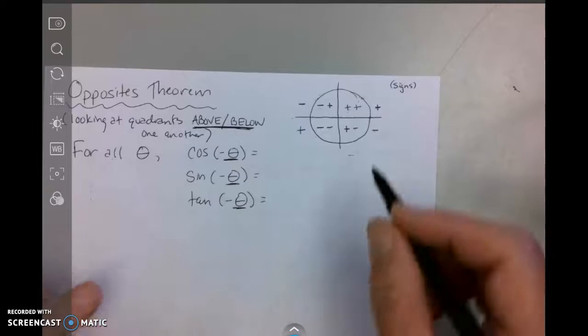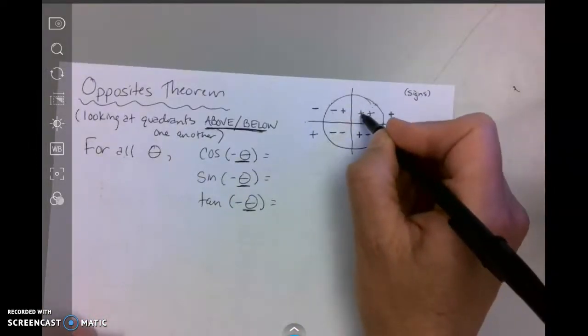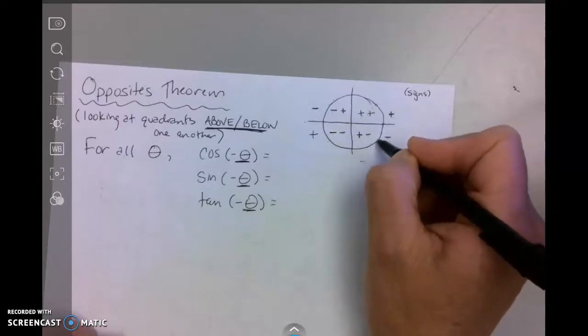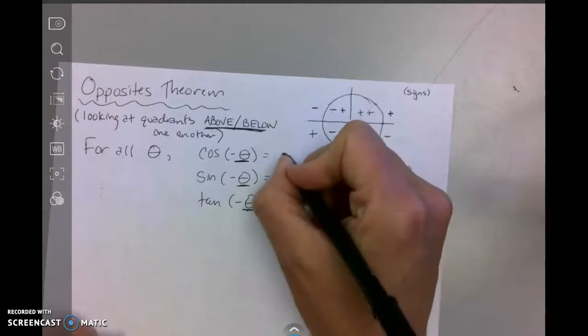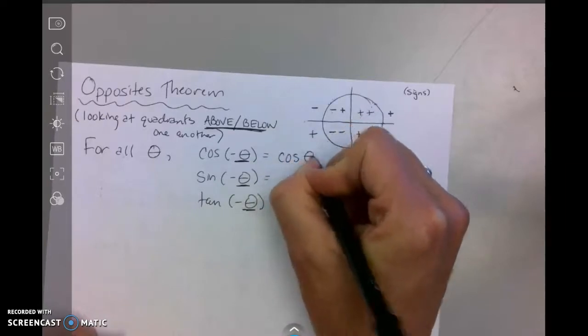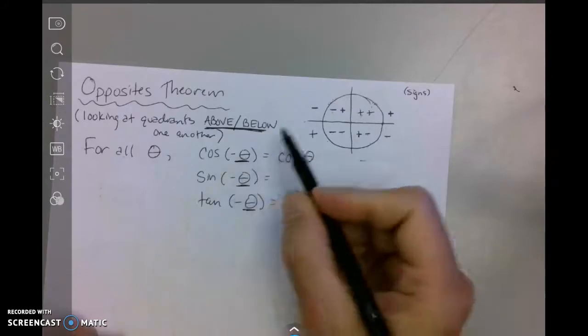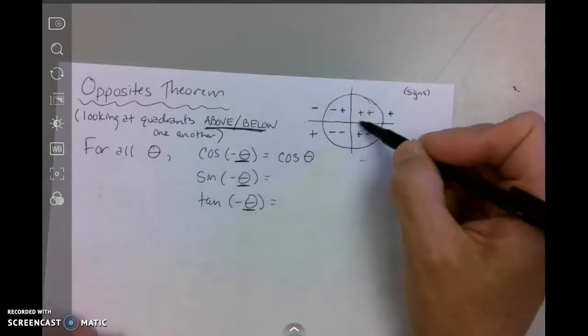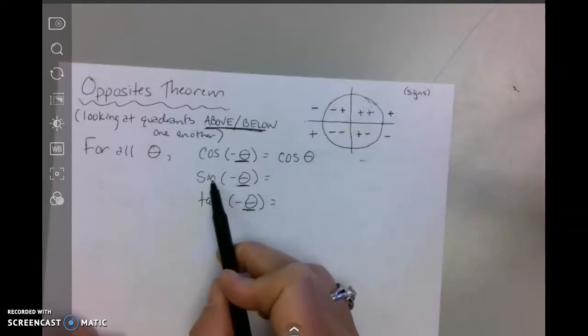That said, the cosine up here in the first quadrant is positive. The cosine down here in this quadrant, well, look at that, it's still positive. It didn't change at all. So the cosine of theta and opposite of theta are both positive. Let's look at sine now.